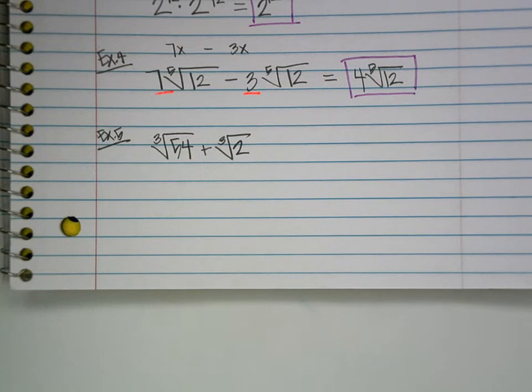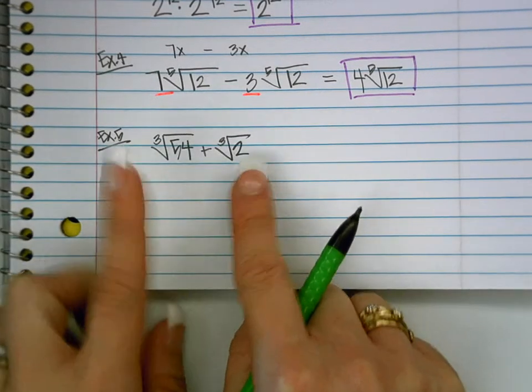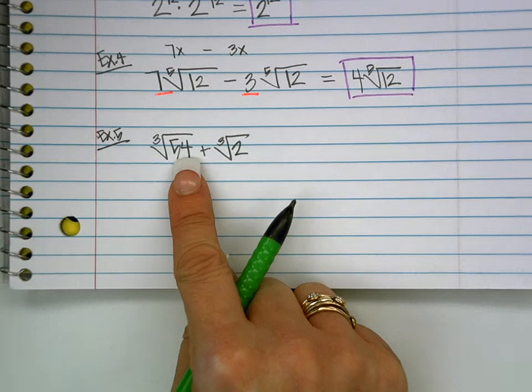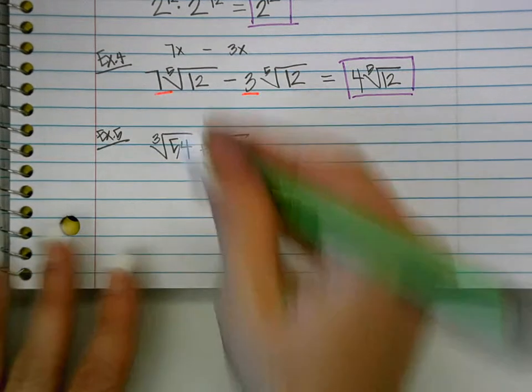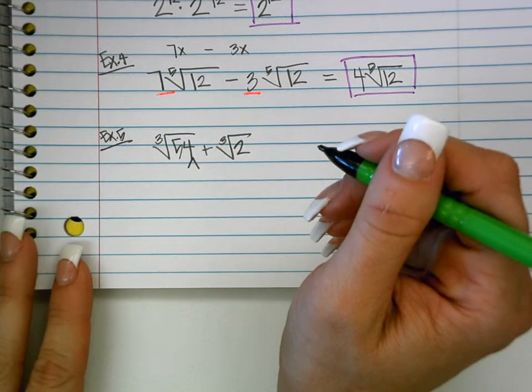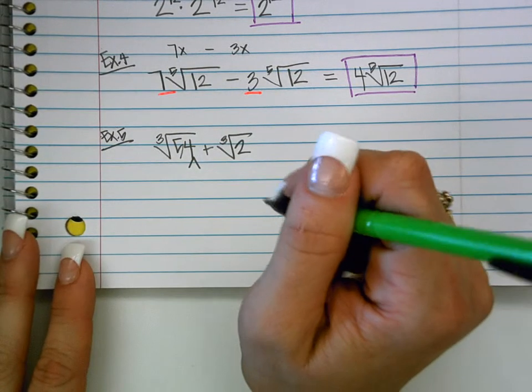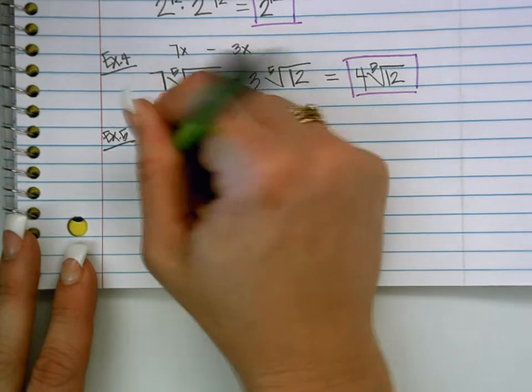Are these like terms? Is 54 the same thing as 2? Not exactly. But can I simplify the cube root of 54? You could break that down. What multiplies give you 54? 6 times 9.